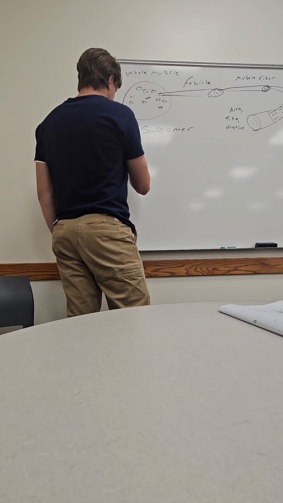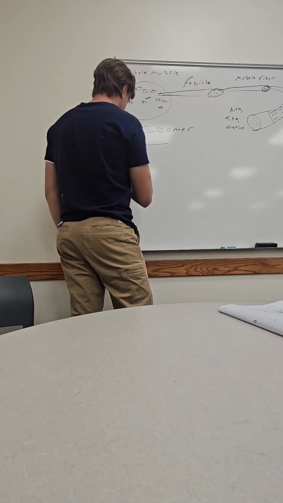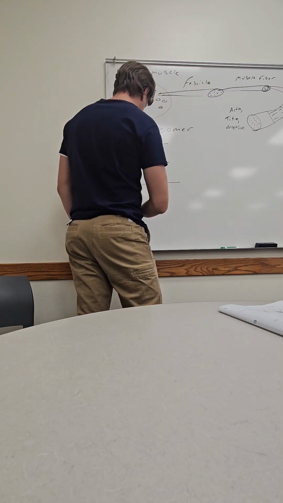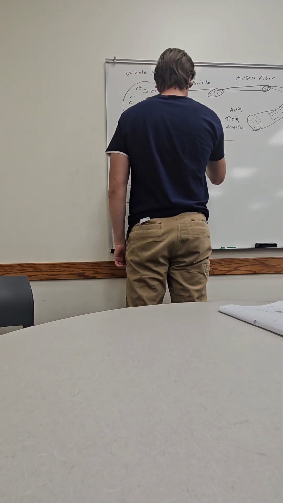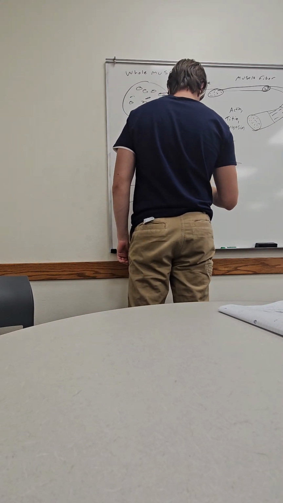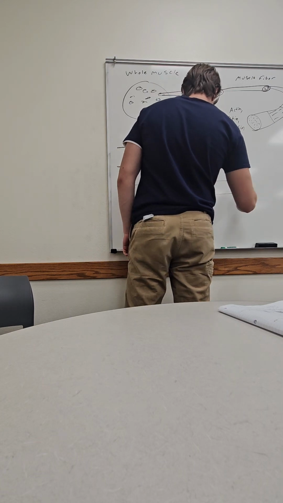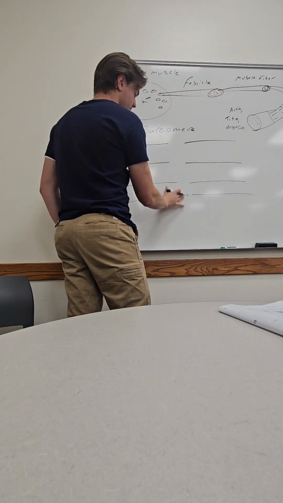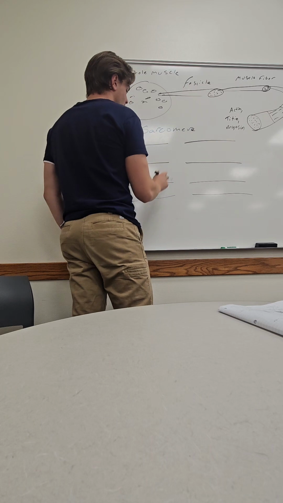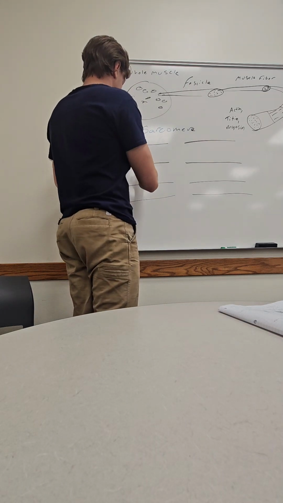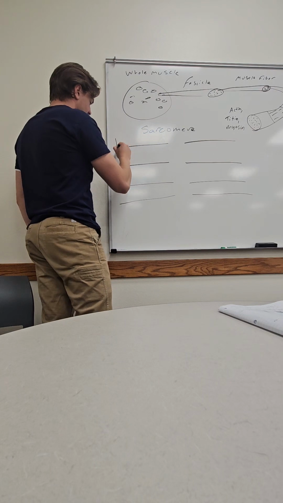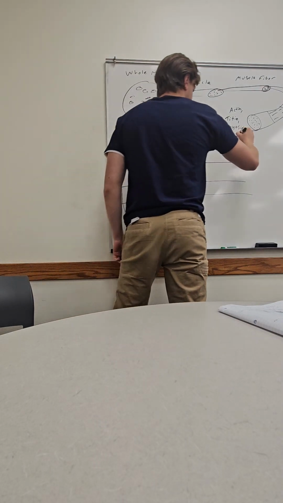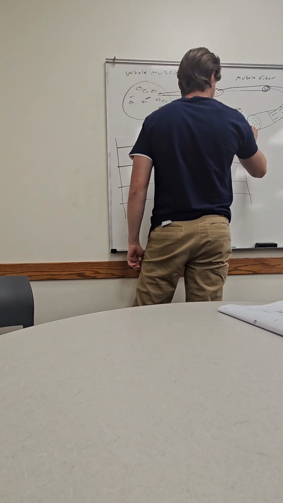And a sarcomere will look something like this. Wider. These little lines here are actin filaments, and subdividing each sarcomere is something called a Z line.